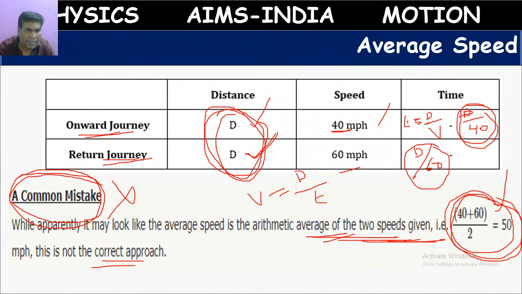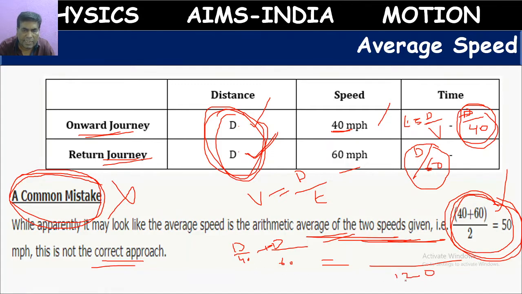So total distance is d plus d, 2d. Total time is d by 40 plus d by 60. If we add d by 40 plus d by 60, what will we get?